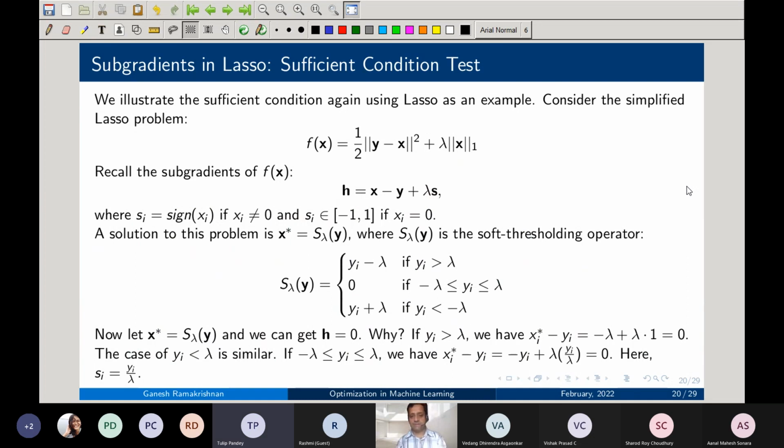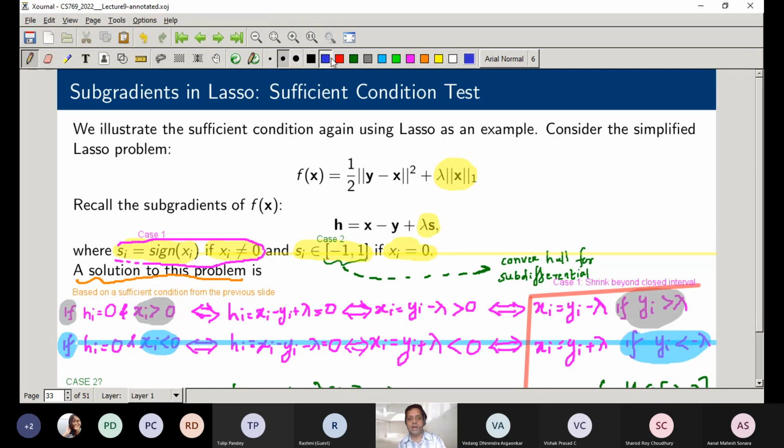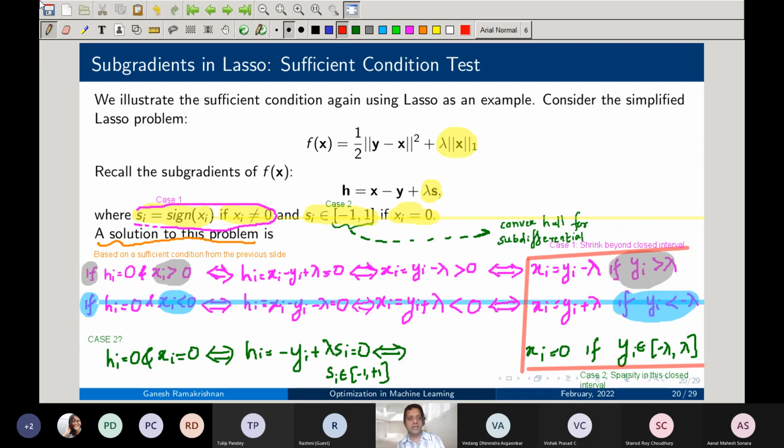So this solution is the motivation for the IST algorithm? Yeah, exactly. There's iterative soft thresholding, which is for lasso. There's a motivation behind that. Yes, let me make a note of that here. Anyone else?